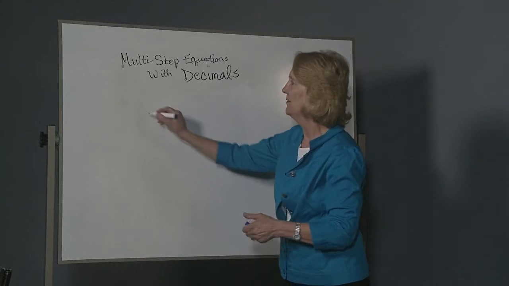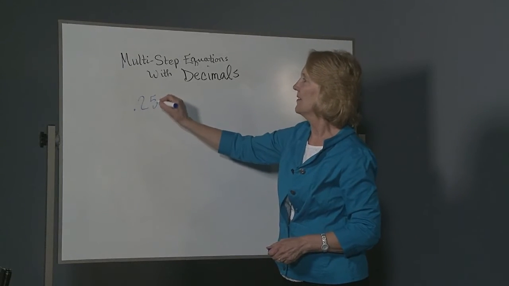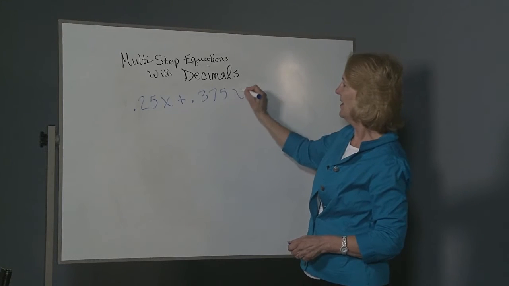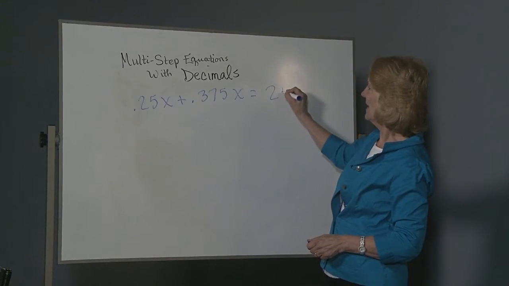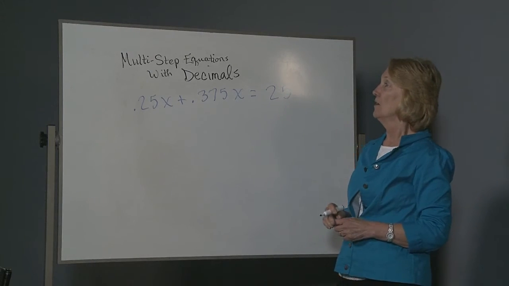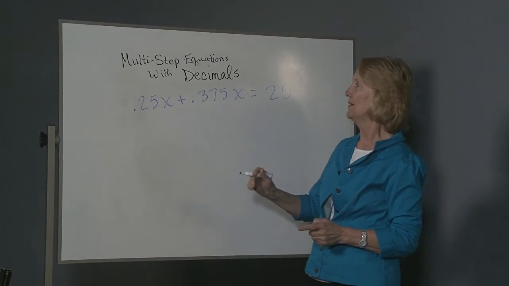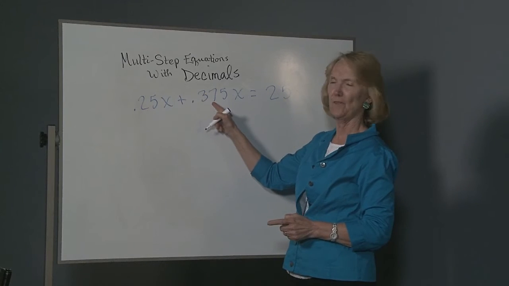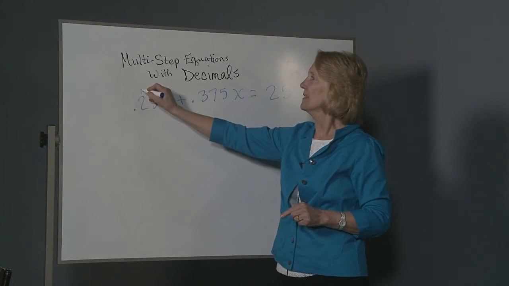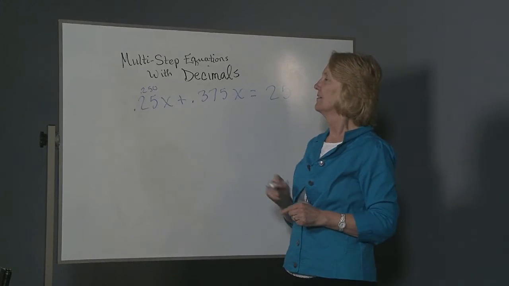If you had 0.25x plus 0.375x, and your answer became 25. Okay, so now we can make these two look like they have the same number of digits. So we can make this be a 250.